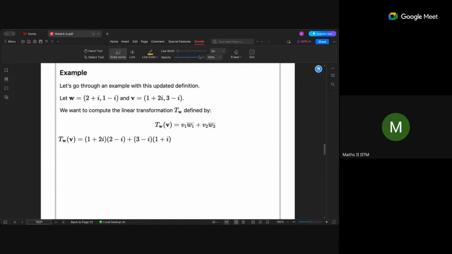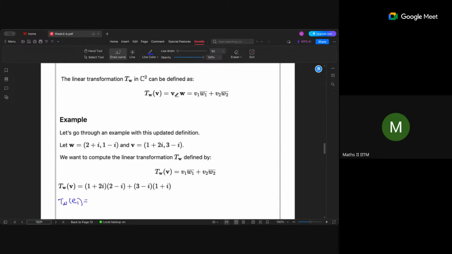Let me write what TW of E1 is according to this definition. It is E1 dot W, which is (1, 0) dot W, where W here is (2 plus I, 1 minus I).